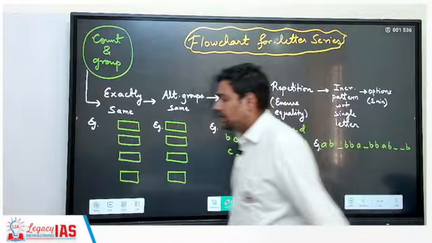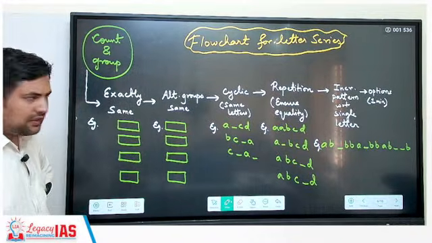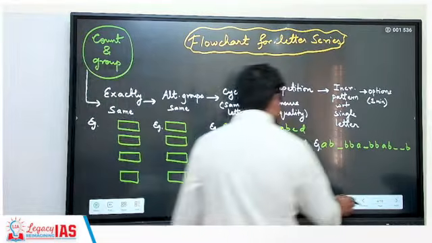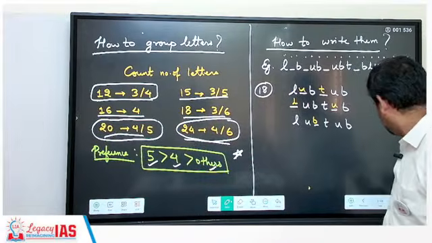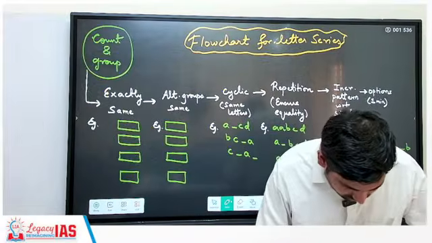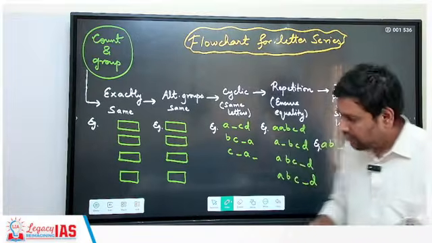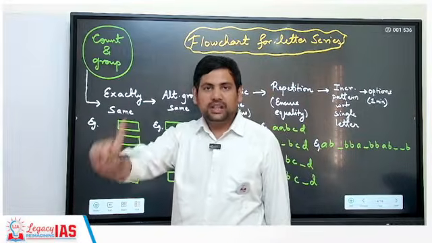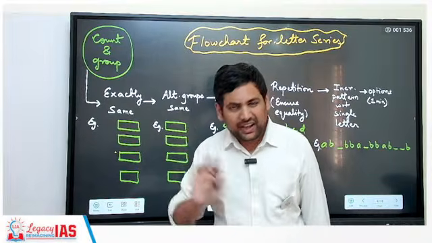So this is the flowchart. See, first thing, you count and group. This you have already understood. You count the number of letters, and based on this, you make groups. Then, after making the groups, first attempt would be to make all the groups exactly same.